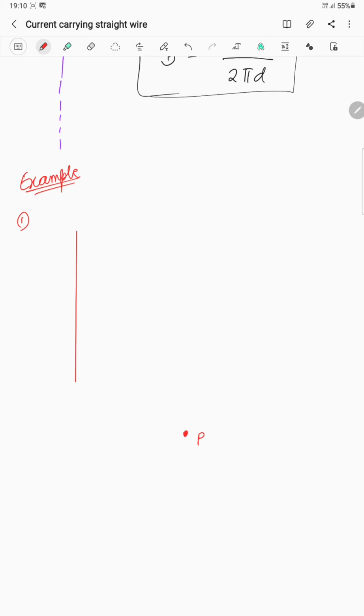And how are they connected? They are connected in this fashion. The bottom of the wire is connected in this form, and the top of it is connected in this form. It is given that this angle is 30 degrees.